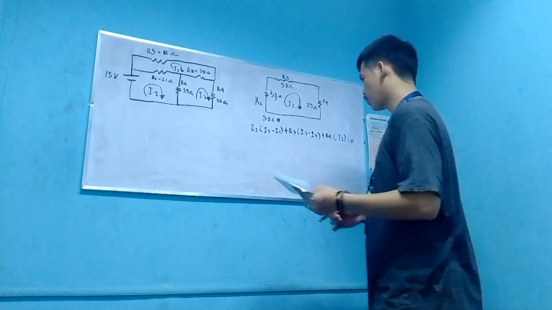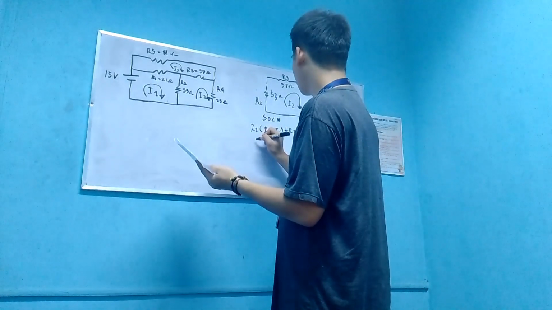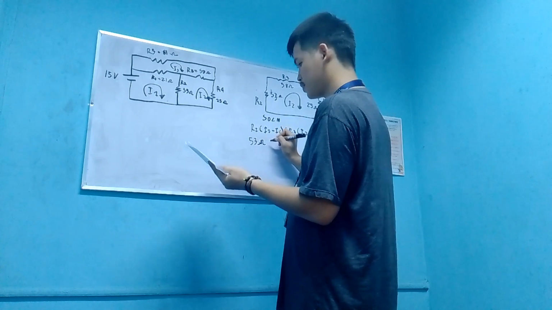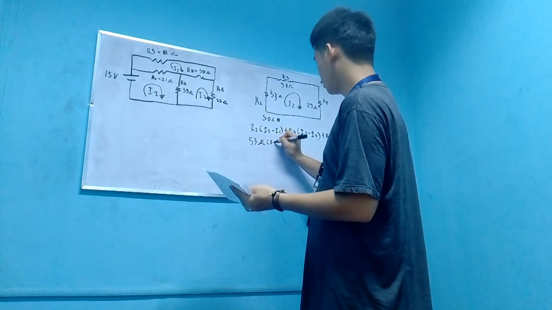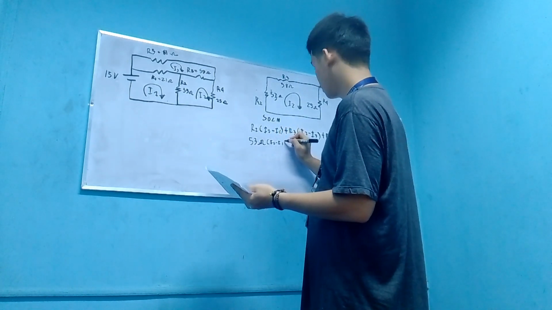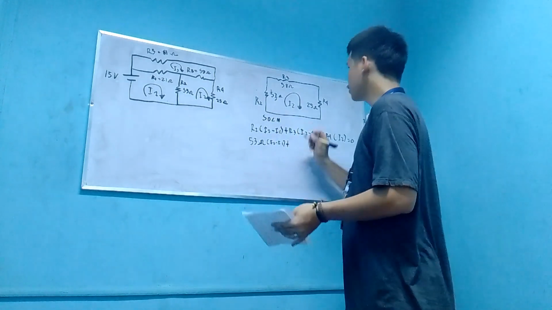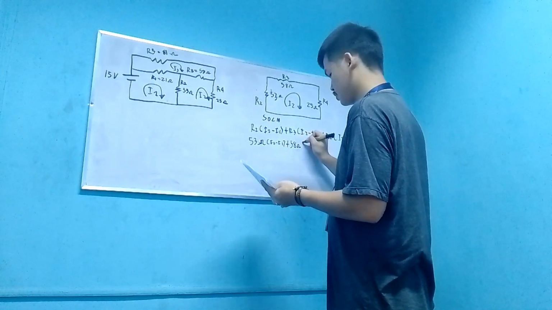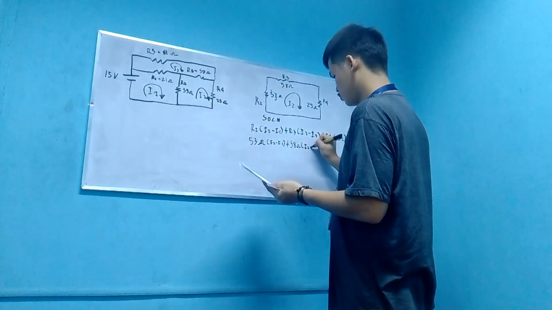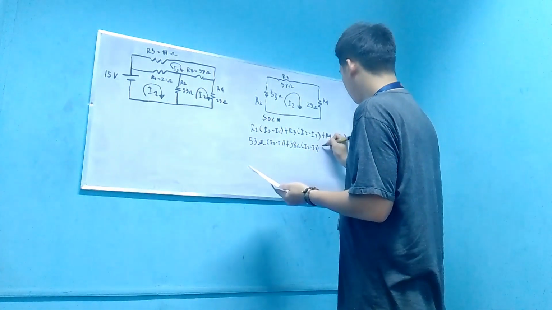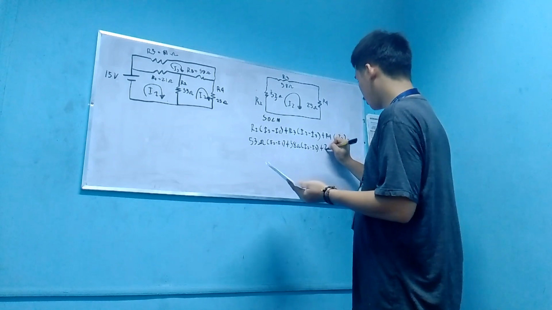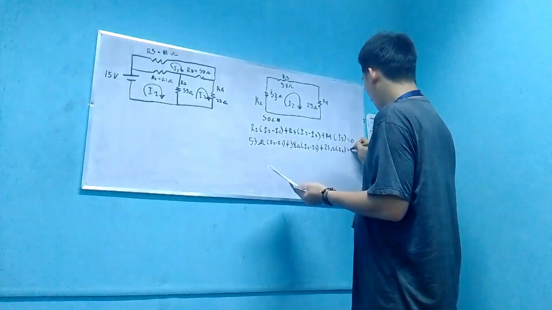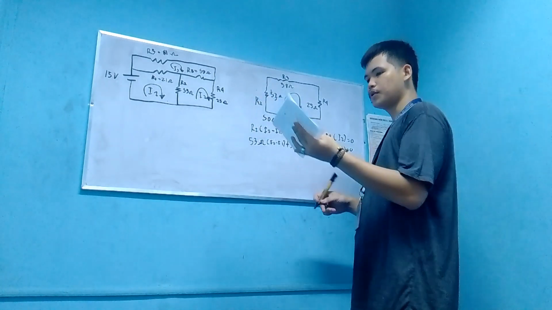So substitute the value for the R. So we got R2 is 53 ohms (I2 minus I1) plus R3 is 58 ohms (I2 minus I3) plus R4 is 25 ohms, I2.